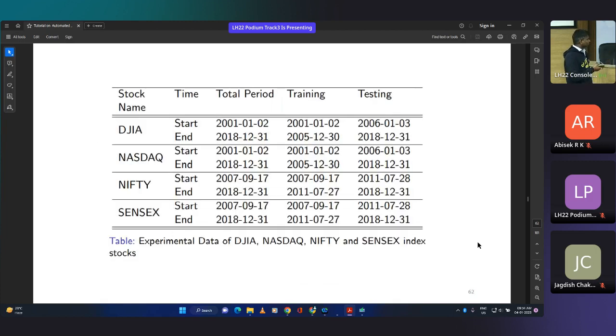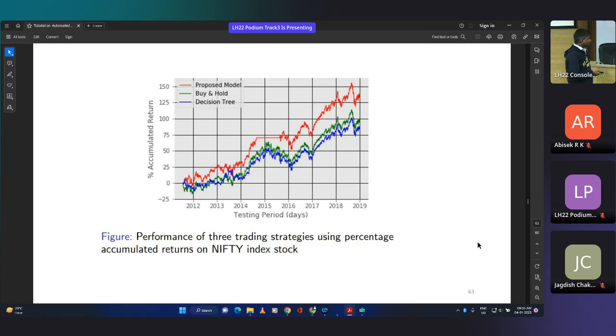So this is our experimental data. We have performed our experimentation on Indian and American index stocks, and this is the performance of our model on the Nifty index stock. We have compared our trading strategy approach with the traditional buy and hold approach, and the supervised learning based, that is decision tree based, trading strategy.